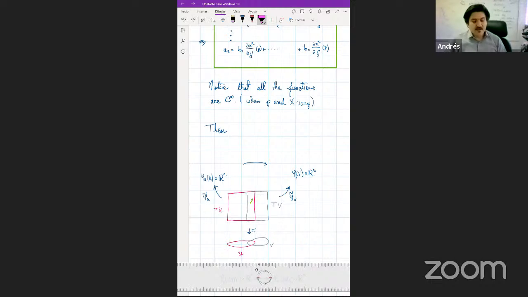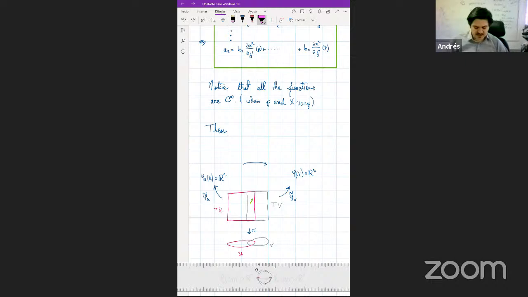So I want to have that T of U and T of V are compatible. So assume that U and V intersect. This is T of U, and this is T of V. Right?